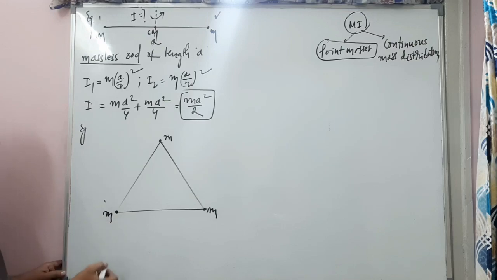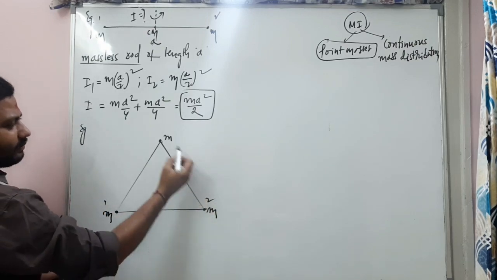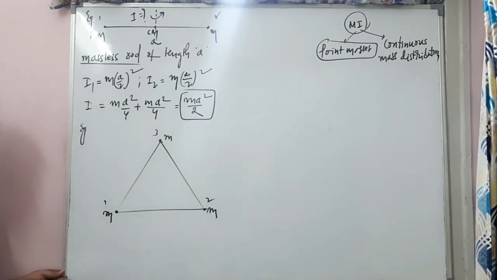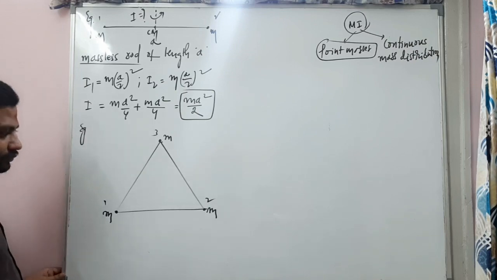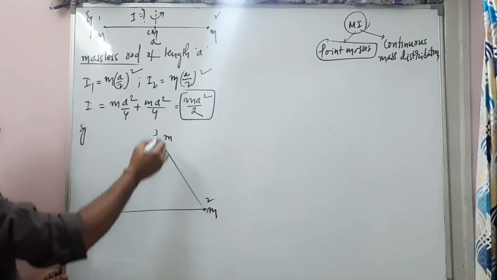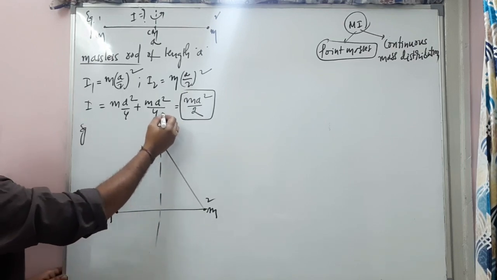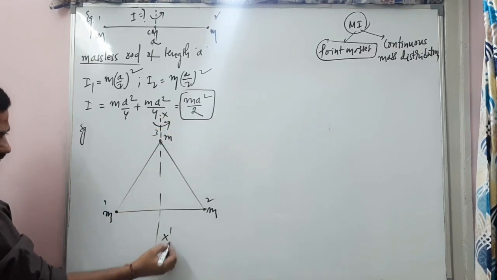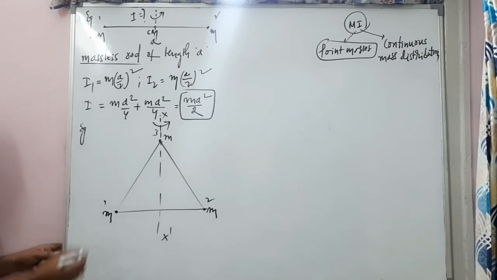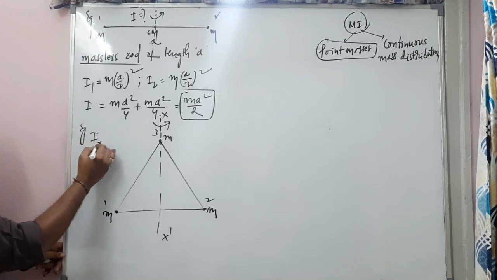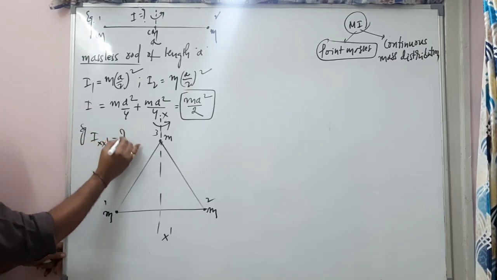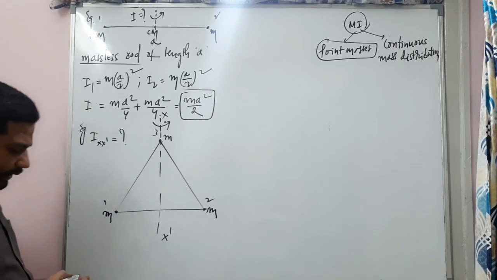Let's imagine this is number 1 first mass, and this is second mass, this is the third mass. Observe. Axis of rotation is this. This is the axis of rotation, my dear students. Imagine it is x dash. What is the moment of inertia about x dash? That's a question. Simple.